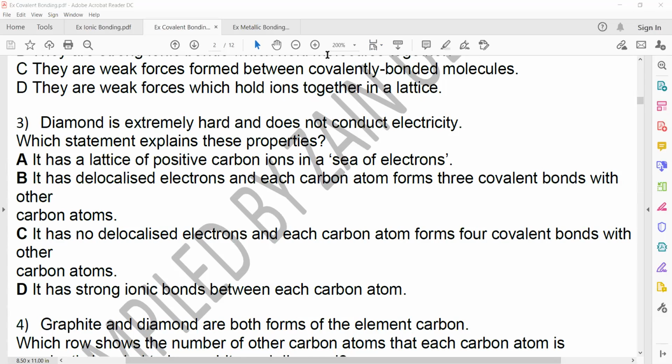So in the structure of a diamond, each carbon forms 4 covalent bonds, and there is no free electron. That's why it does not conduct electricity. So C is the right answer.